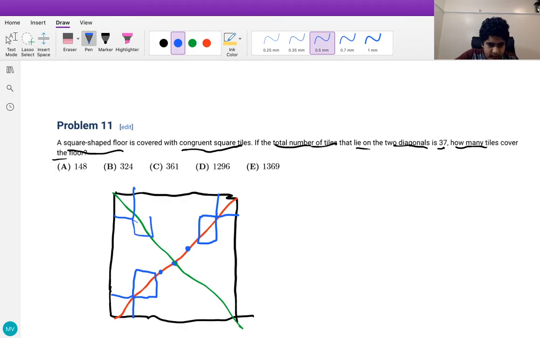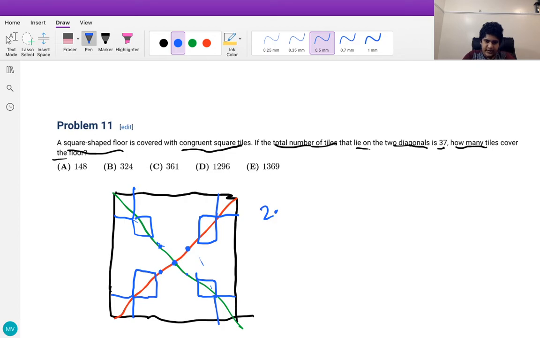And don't forget that there's this middle square, that intersects both. But basically, the total number of squares is going to be 2 times the number of squares on one diagonal.